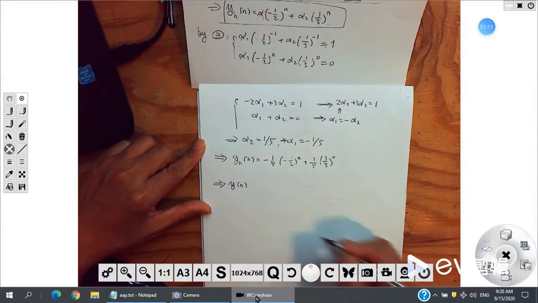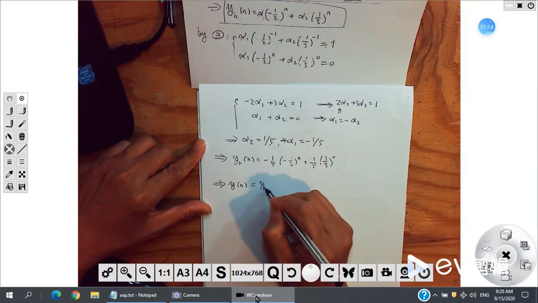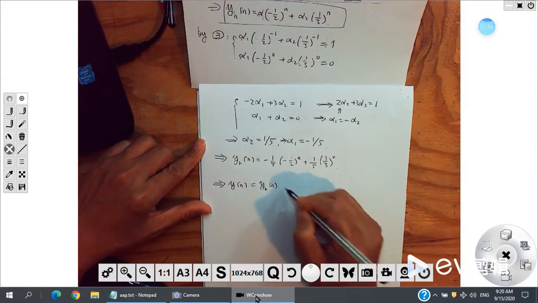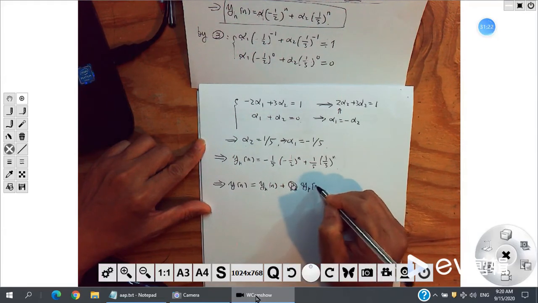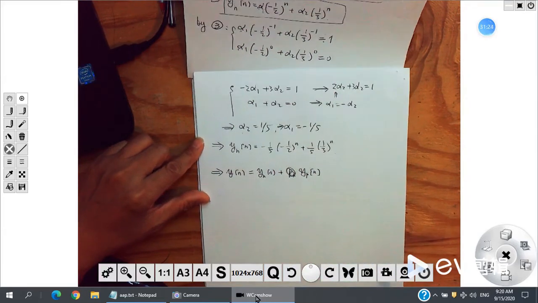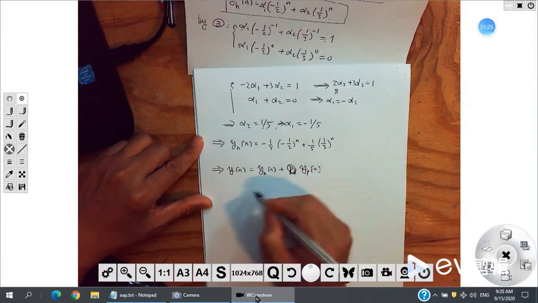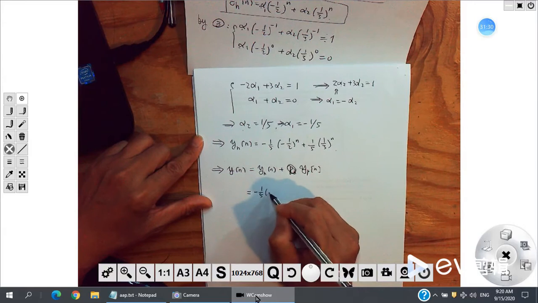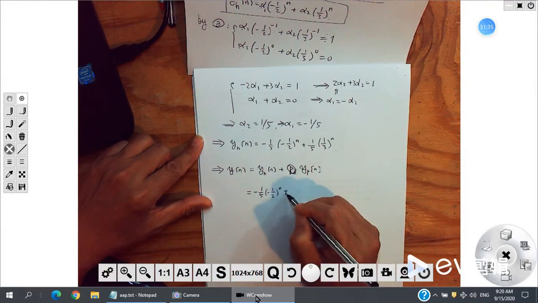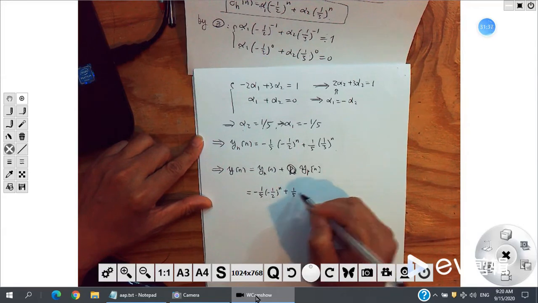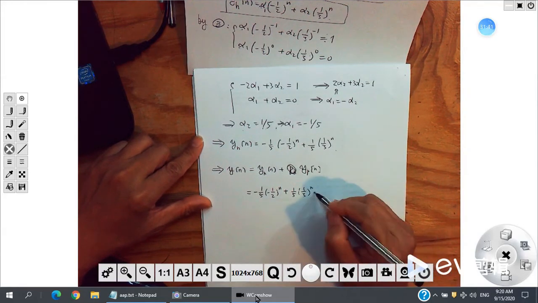Y is YH, the homogeneous solution, plus YP, the particular solution. And then I plug in. This is negative 1/5 times negative 1/2 to the n, plus 1/5 times 1/3 to the n, plus YP.